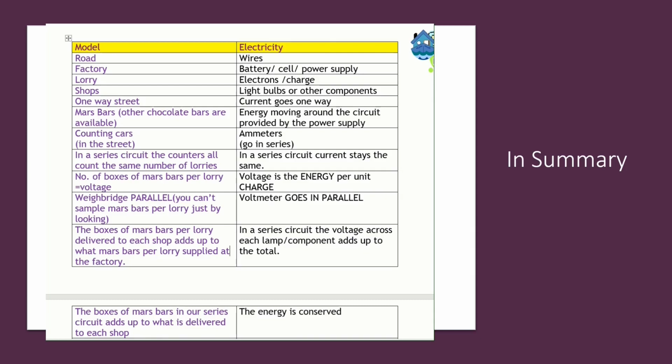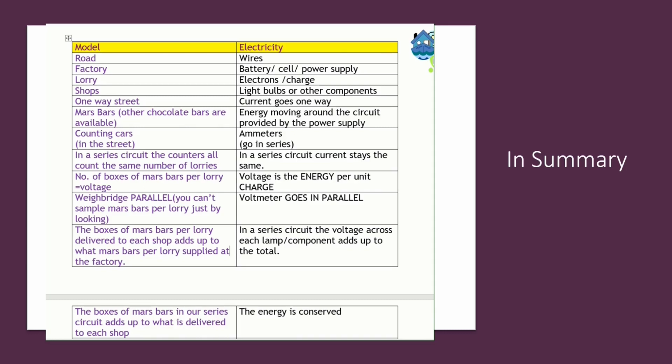We said that the number of boxes of Mars bars per lorry equaled our voltage, because voltage is the energy per unit charge, per lump of charge. We said that the weighbridge was like a voltmeter, and you couldn't just stand at the side of the road and count what was on the lorry.